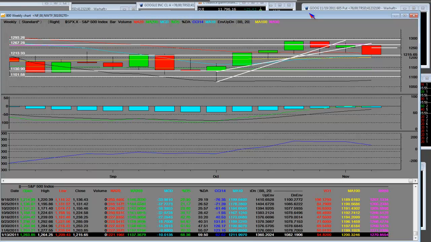And where did the S&P close out the week? 1215.65. It's very close. Stop market orders will be triggered if you sell through the 10-week, if you sell through that 100-week and it doesn't hold the support and it does not base and consolidate going into the rally.